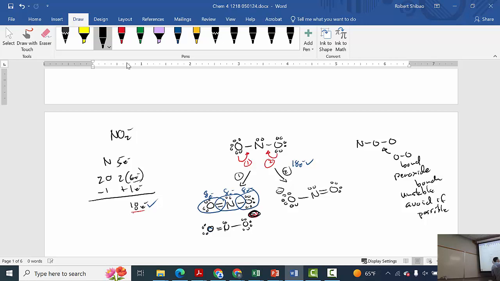But they're different because we had a choice, and we could have done it on the left, or we could have done it on the right. And so when we have a choice like that, both tend to happen, and what we end up with are both of these structures. We call these resonance structures, and we show this with arrows.